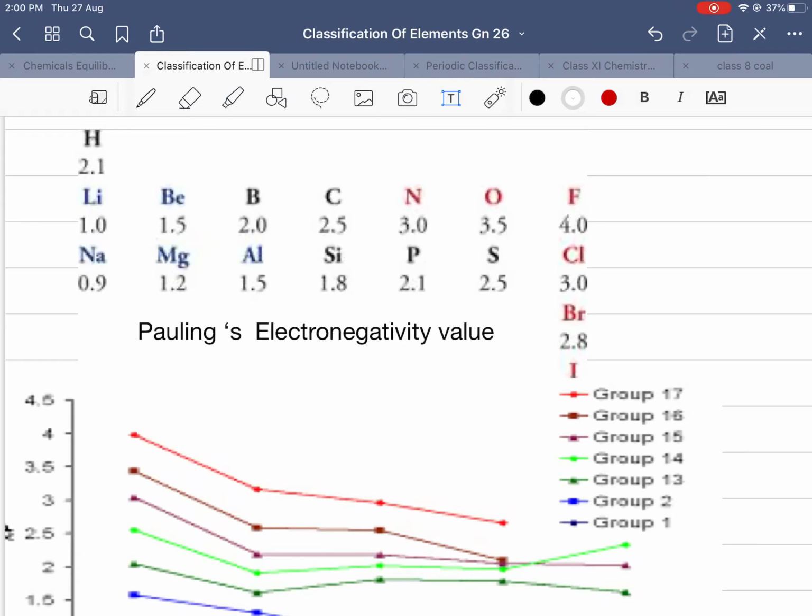This is Pauling's electronegativity value. It is observed that an atom in a covalent molecule has a tendency to attract the bonding electron pair towards itself.